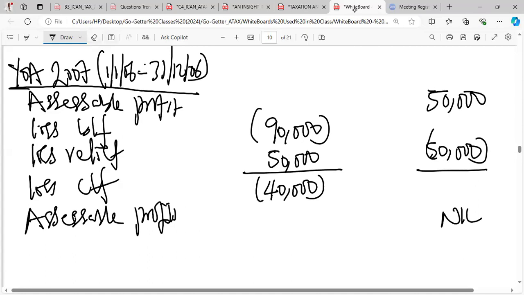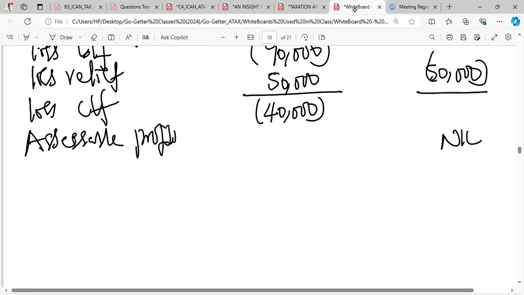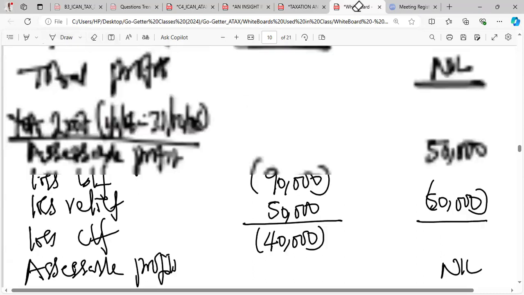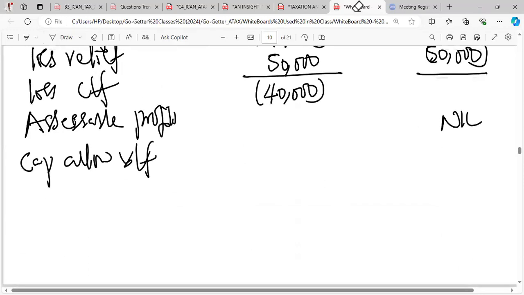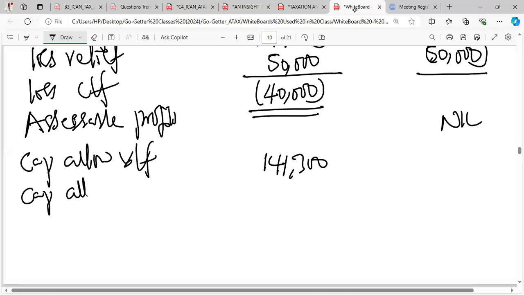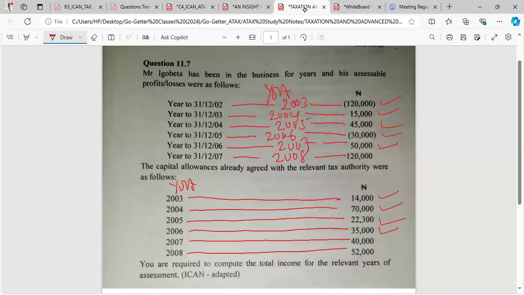Then what about capital allowance? Capital allowance brought forward. How much is that? 141,300. Capital allowance for the year, how much is it? 40,000.